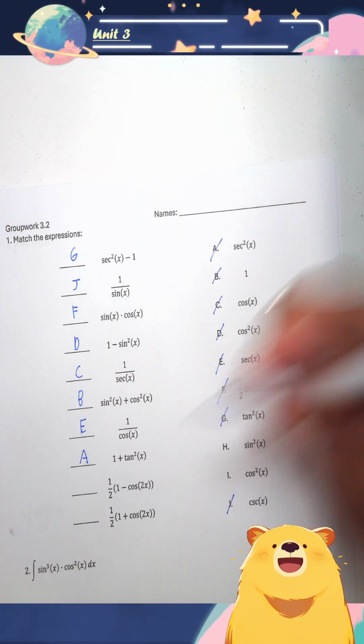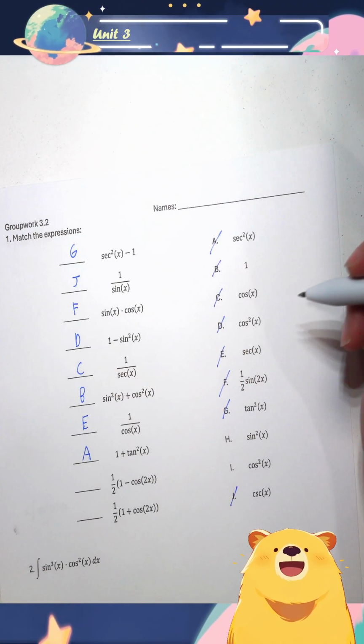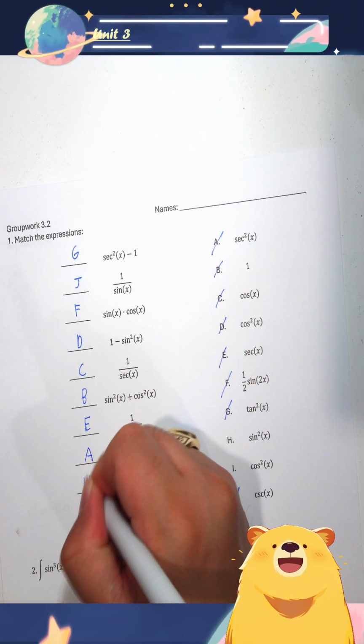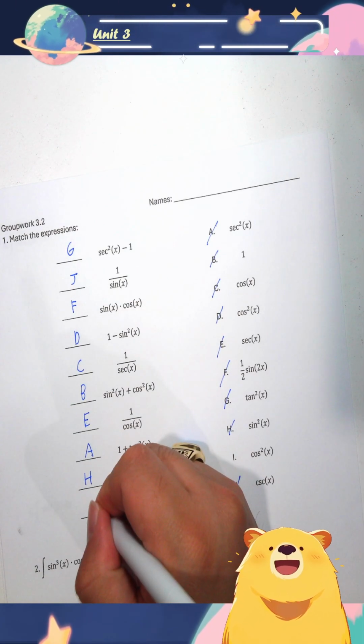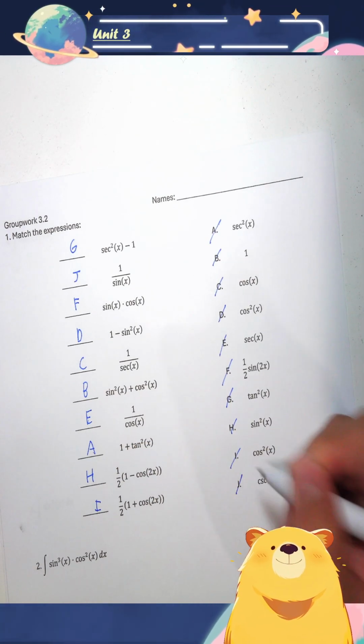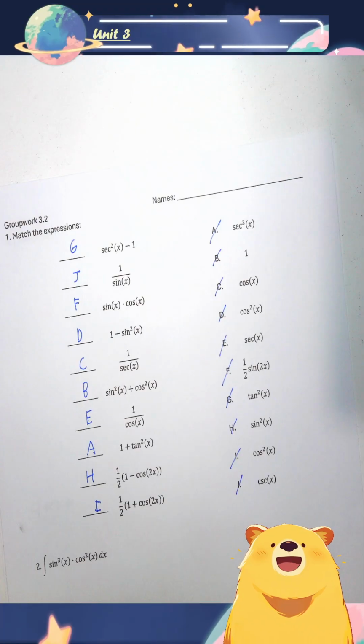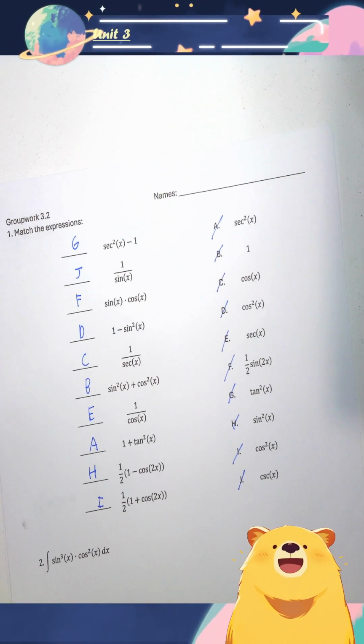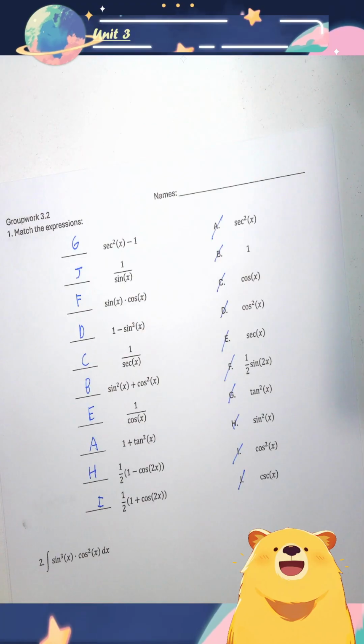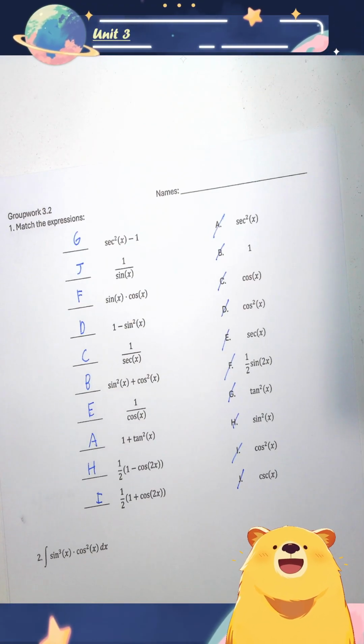And then these are both power reducing formulas. The one with the minus is sine squared, and the one with the plus is cosine squared. Actually, for that, let me just double check, because for the power reducing formulas, I do tend to forget them.